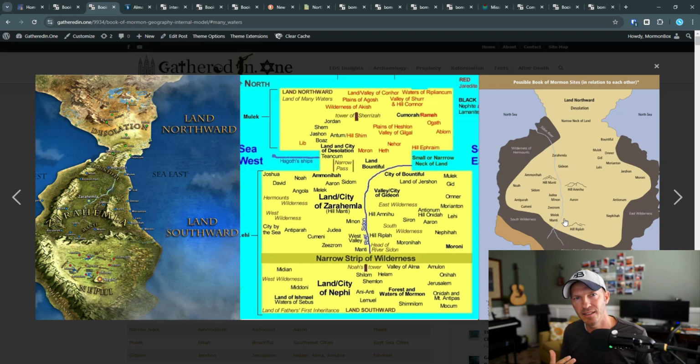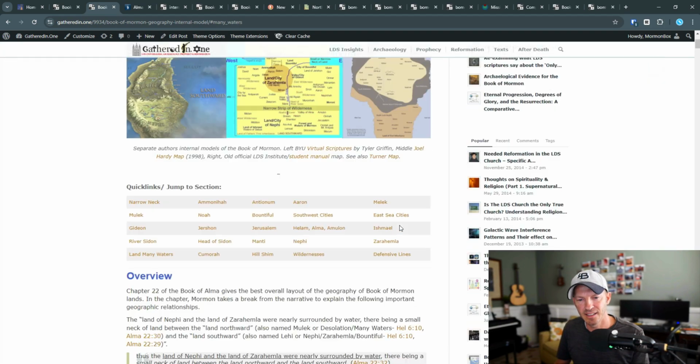Like I made one in 10th grade the first time I read the Book of Mormon, and it's pretty dang similar. I did these same relationships because when you read the text, it's like, oh yeah, that's what it says. They're all kind of on this south narrow strip of wilderness area as kind of a line of guardian cities, a fortified garrison city.